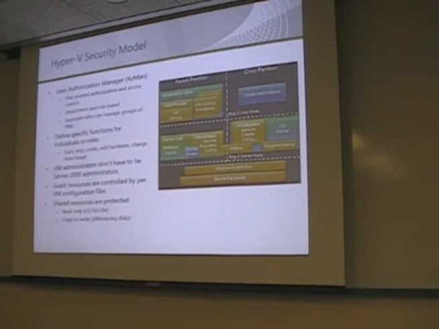Through the Authorization Manager, you can decide on this server that this user can start or stop these machines. You have that granular capability from the hypervisor components to actually drive that and allow that to happen.